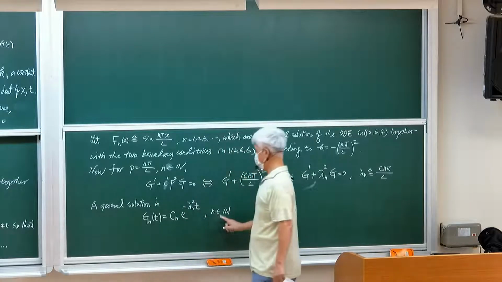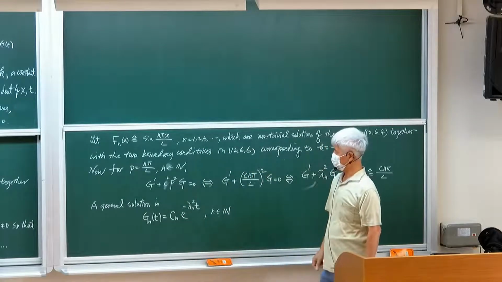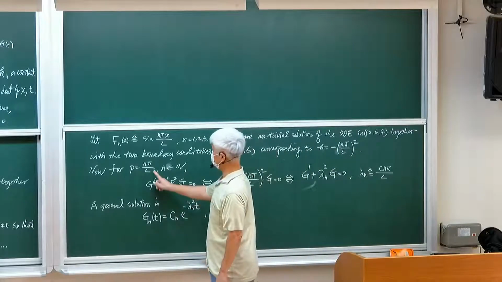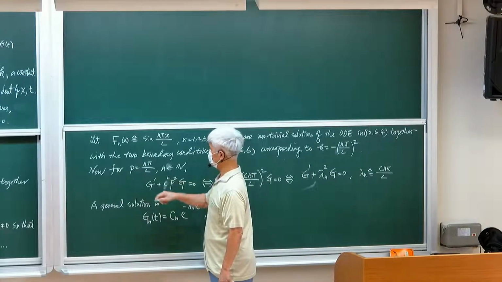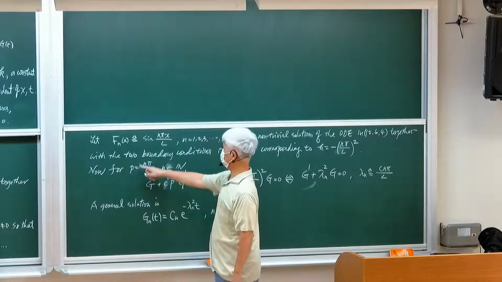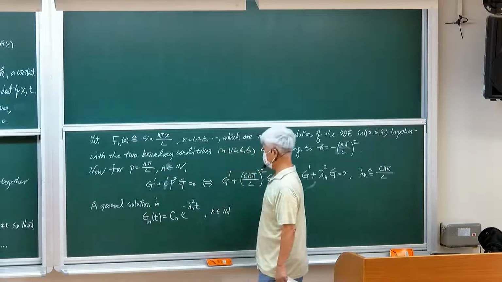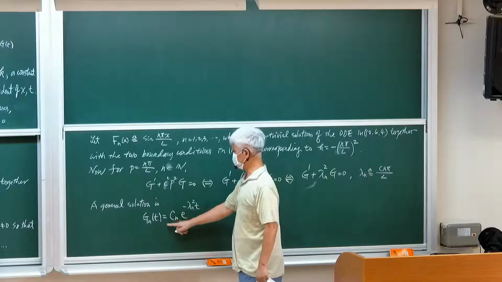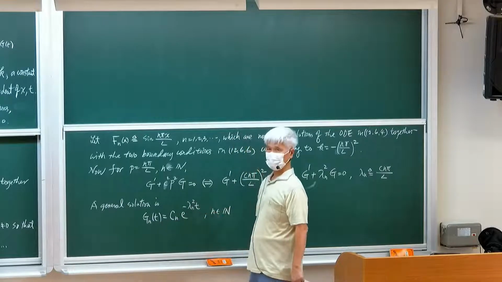So for each positive integer n, we have the corresponding solution, and a general solution is this one.